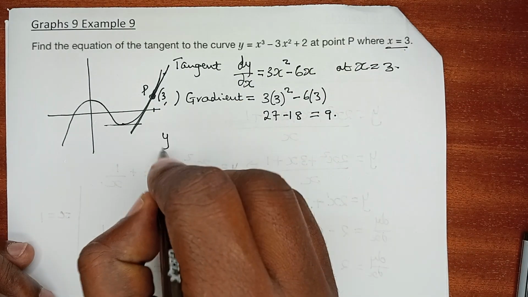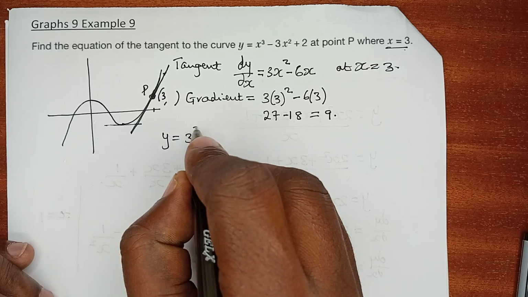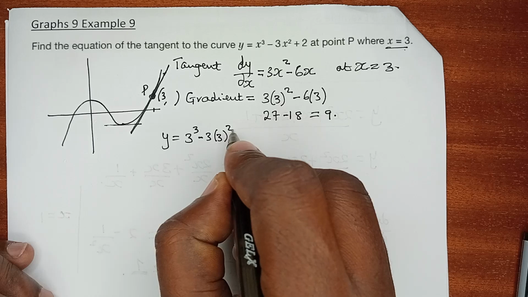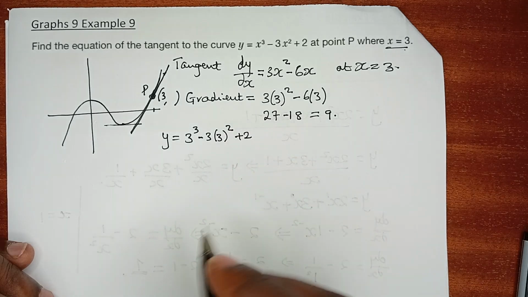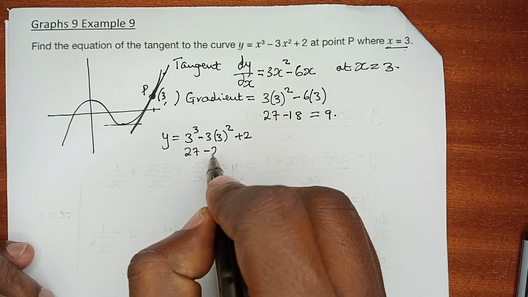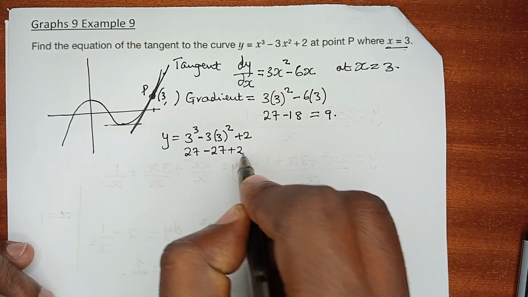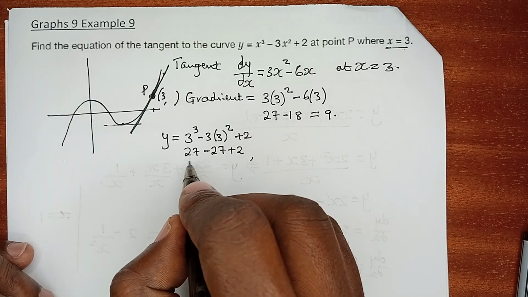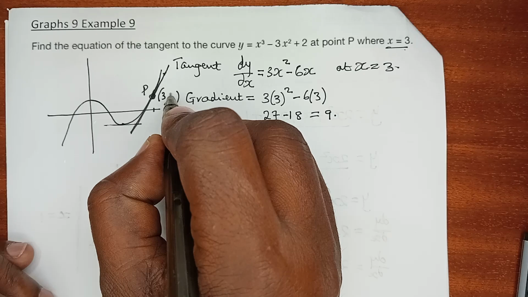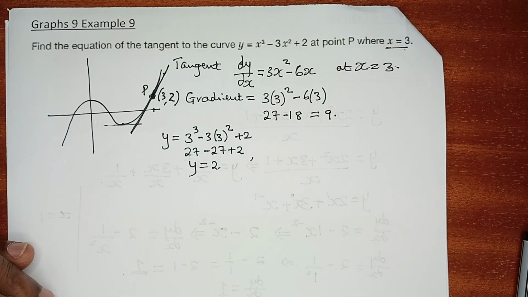So y is equal to 3 cubed minus 3 squared plus 2, which is 27 minus 27 plus 2. So you can already see that y is equal to 2. So the coordinates of point P are (3, 2), just in case we require the value of y at point P.